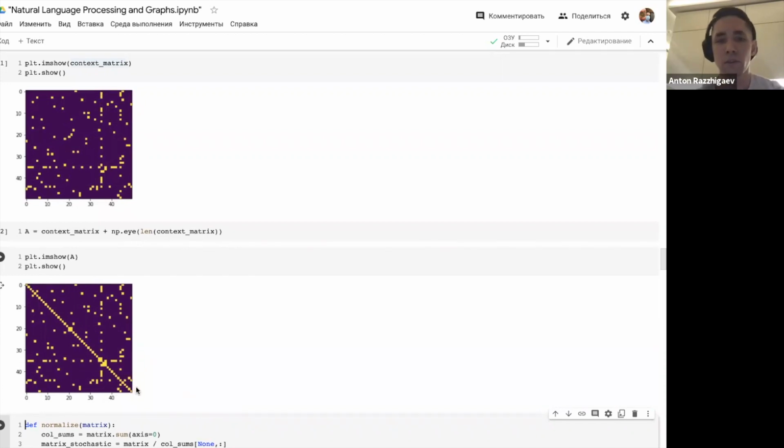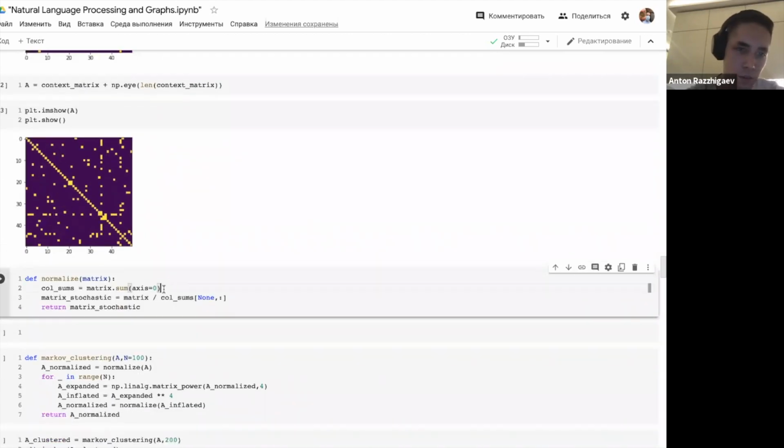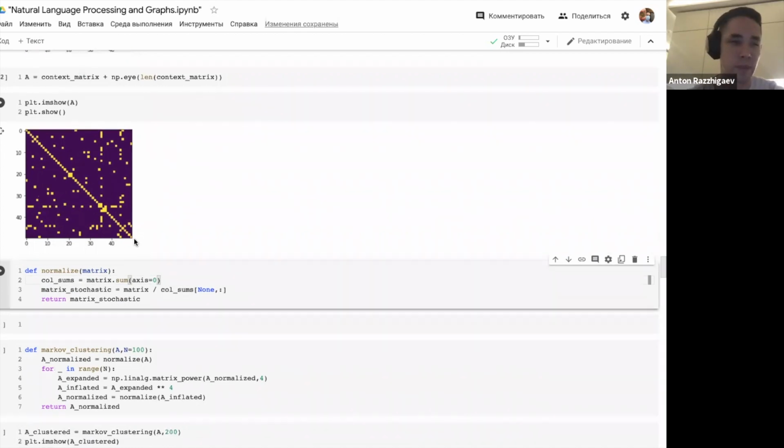This is needed to bring numerical stability to this algorithm. Without such a diagonal, it would be problematic to perform the following steps. But this diagonal doesn't have much sense. It's just a neighboring of the words to themselves, self loops.